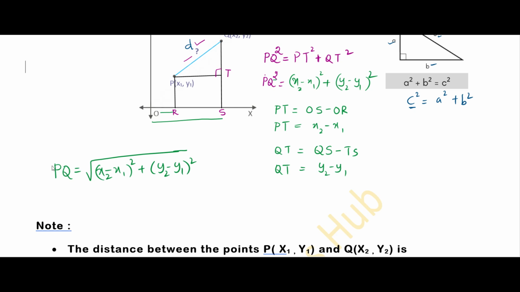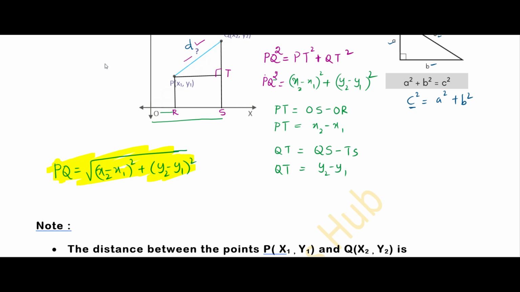Students, you need to remember this formula. The distance between the two points is given by the formula PQ equals square root of x2 minus x1 whole square plus y2 minus y1 whole square.